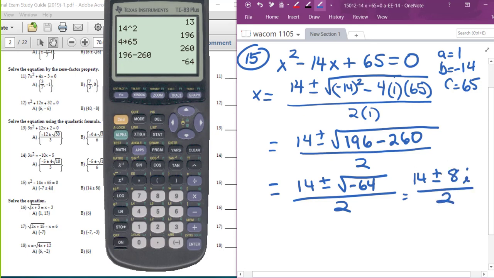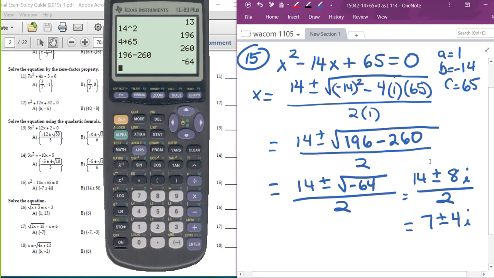Now this one will simplify. Around your plus and minus, you have a common factor of 2. So divide everything by 2. 2 will go into 14 7 times. 2 into 8 will go 4 times. And 2 goes into 2 once. You don't need to put the 1 back in the denominator.